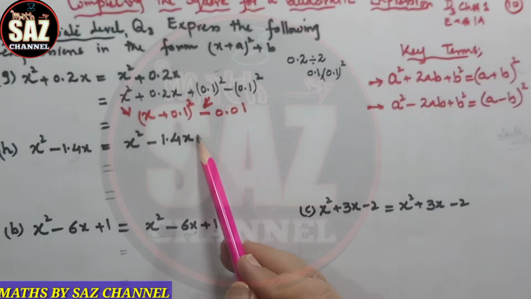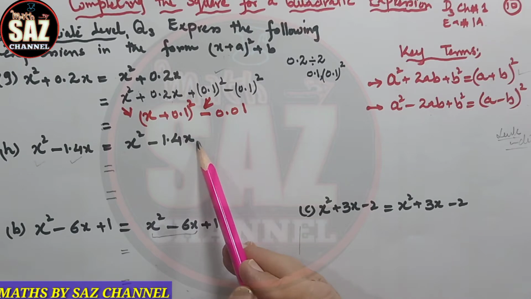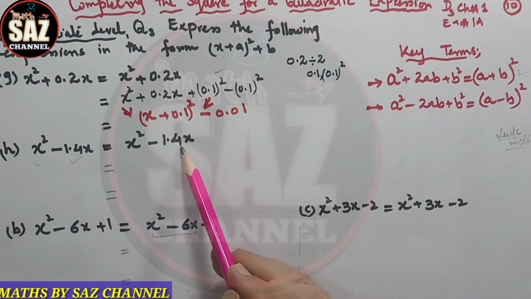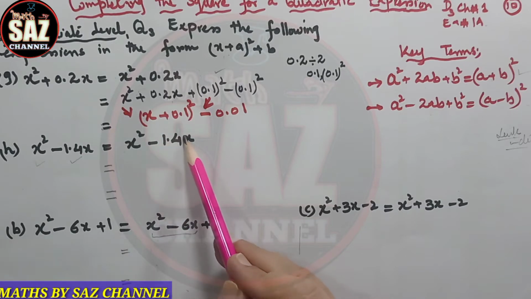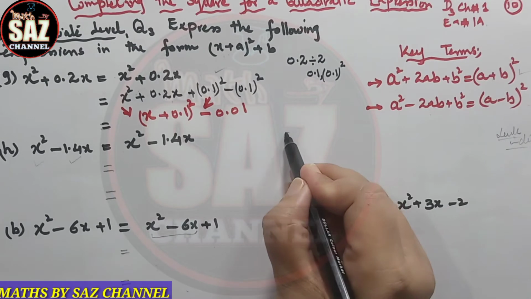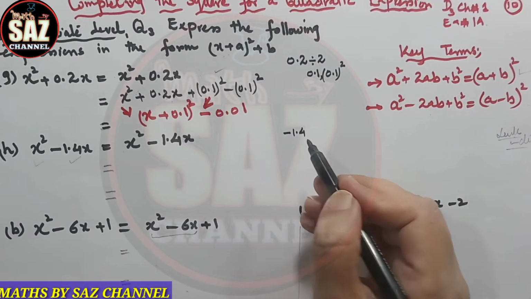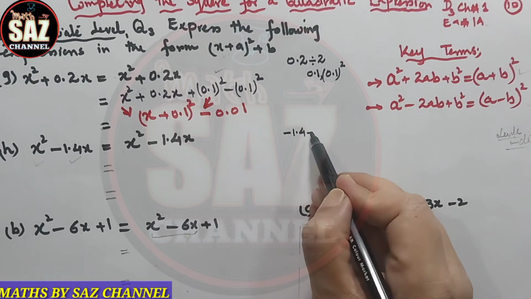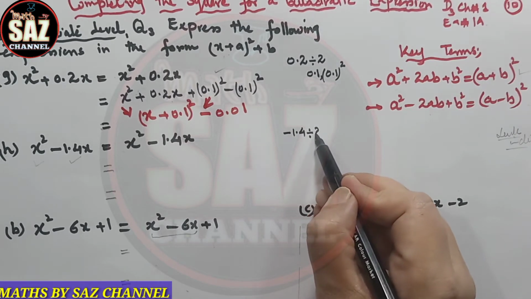In order to turn this expression in form of the completing square form, I have to identify the coefficient of x, which is minus 1.4. Now I have to make it half, means I have to divide it by 2.